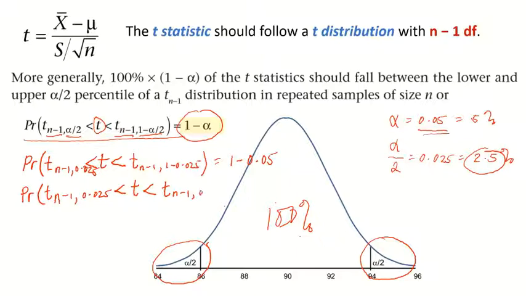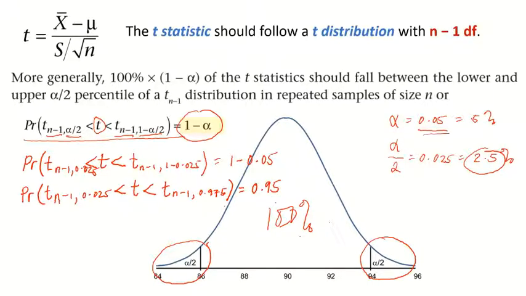This is 0.975, close parenthesis, and this is equal to 0.95, or 95%.